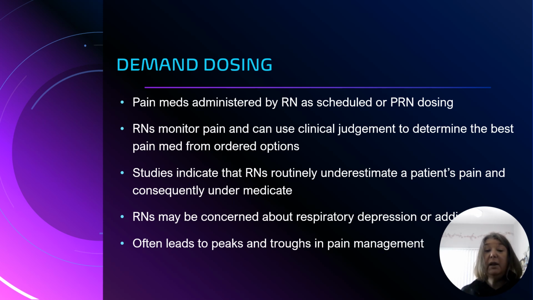So if we are waiting specifically for a patient to request that pain med, they may wait until they get to that 10 out of 10. And then it is a lot harder to back off a 10 out of 10 versus maintaining a 5, right? So we really don't want our patients hitting 10 out of 10 because then it's going to be an emergency situation. They're going to be sweating, vitals are a mess, the whole thing, and we have to try to get them back to that 5.